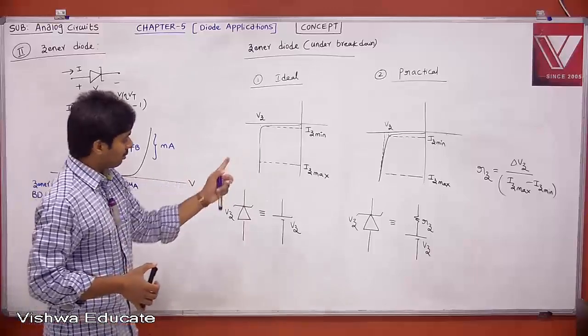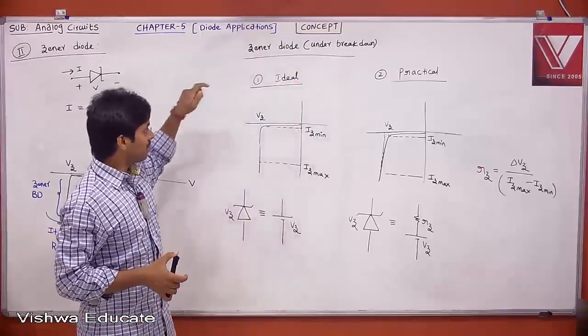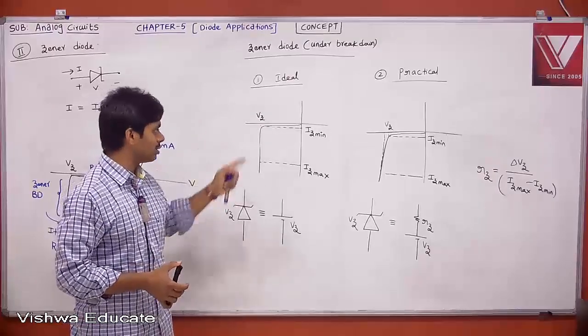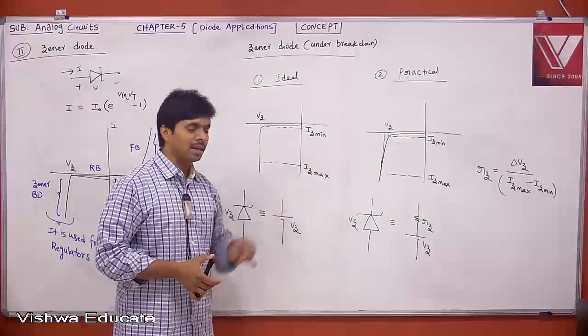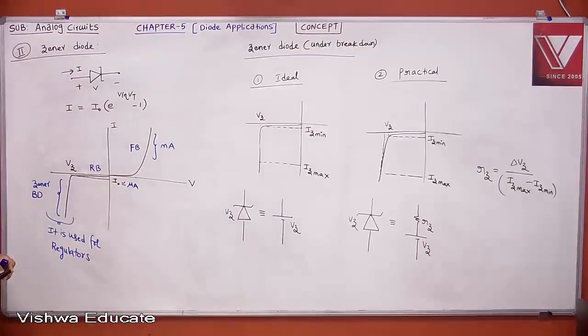Remember, these two are valid only when the Zener diode is in breakdown. What do you mean by breakdown? The reverse bias voltage should be greater than or equal to the Zener breakdown voltage. Then only it will enter into breakdown. Then only we can use it like an ideal battery or practical battery. Write it.